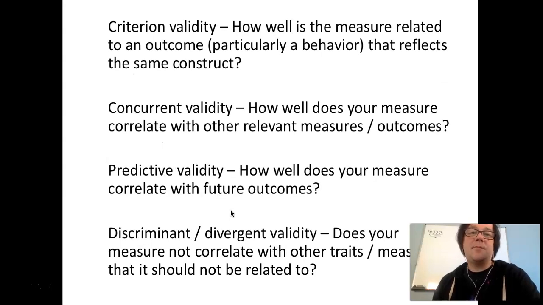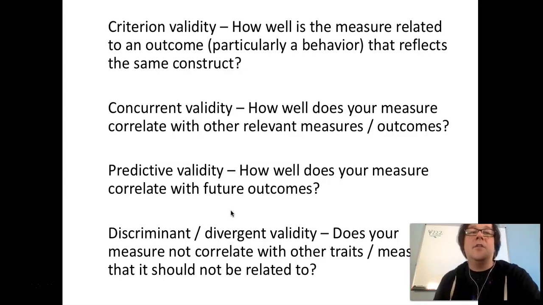Criterion validity. This is a good one. If you have a scale, ultimately, we want to be able to use scales to describe something about our participants, but also to predict behaviors or predict how their mood is going to change. Say if it's a depression scale or an anxiety scale, we would hope that scale would predict what kind of symptoms they would have.